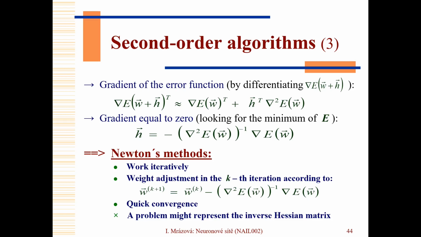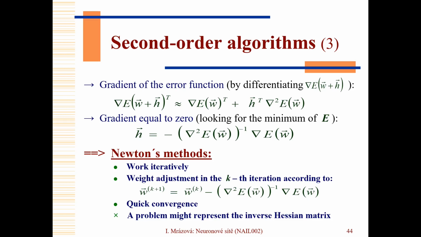So when considering this goal, obviously the left-hand side of the equation should be equal to 0. So when performing a step h that would lead to a 0 gradient, we would be located in the optimum point of the error function.